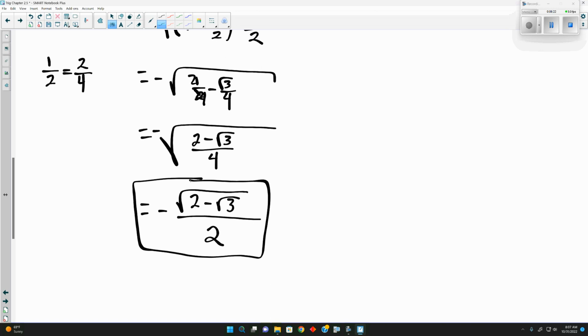And the calculator, the 30XS, would have given you the negative square root of 3 minus 2 over 4, which we can then simplify from there.